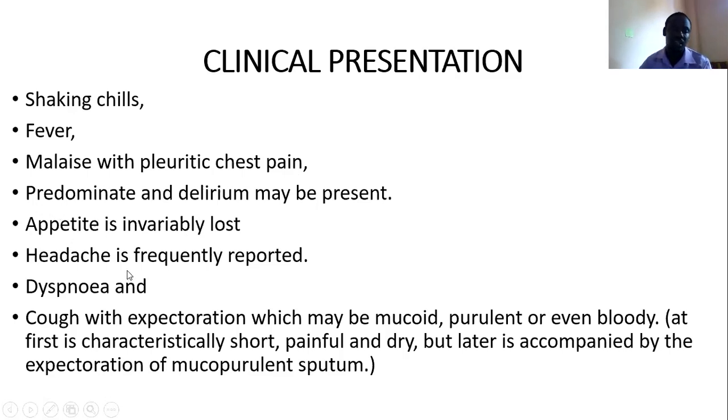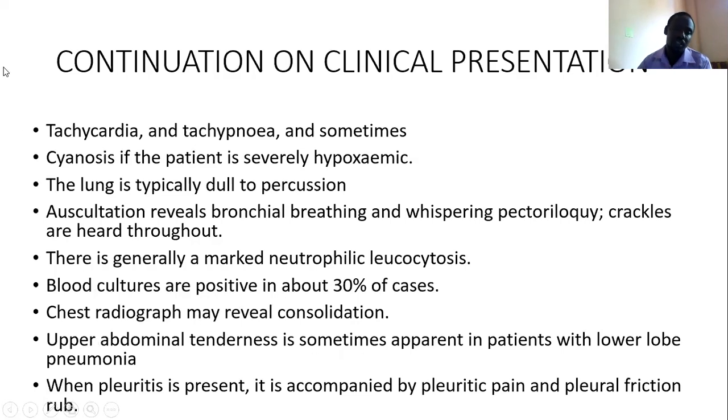You may have headache. You may have dyspnea and cough that has sputum. That is, the sputum is either mucoid, it can be purulent, or some other time it can even be bloody. The patient might be tachycardic, may have a fast breathing, and sometimes you might get cyanosis if the patient is severely hypoxemic.